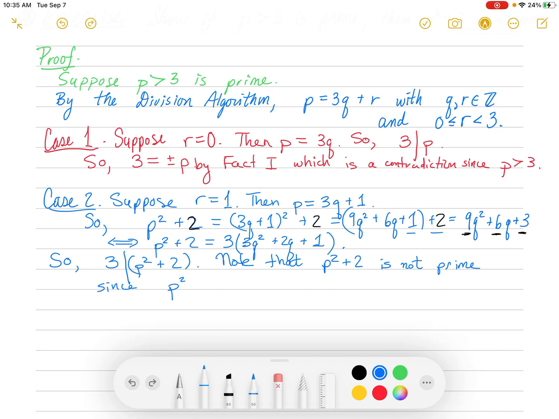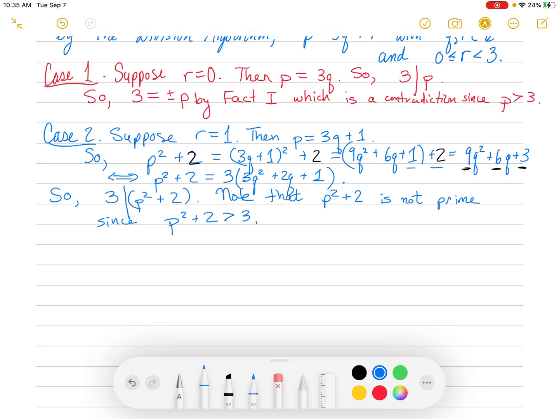Since p squared plus 2 is not plus or minus 3. You could say it that way. I'll just say since p squared plus 2 is bigger than 3. Yeah, p squared plus 2 is bigger than 3.